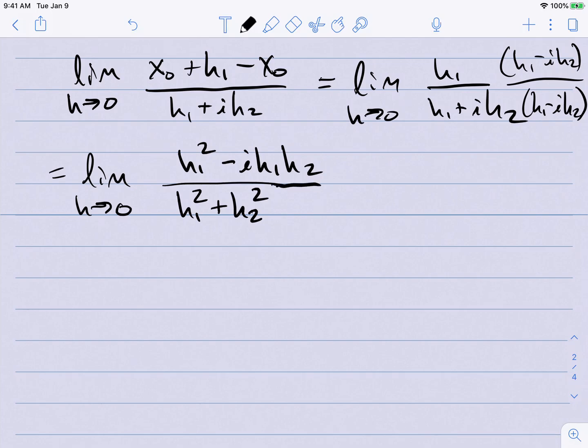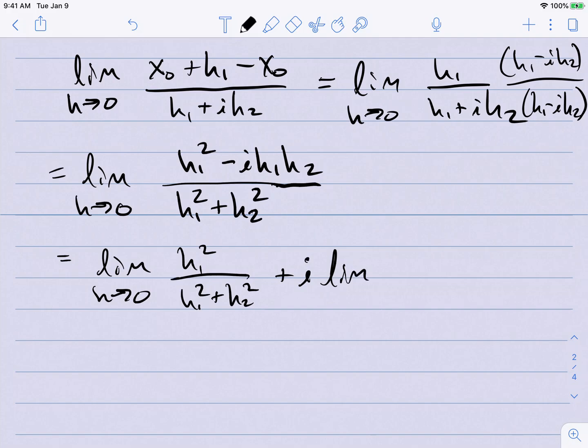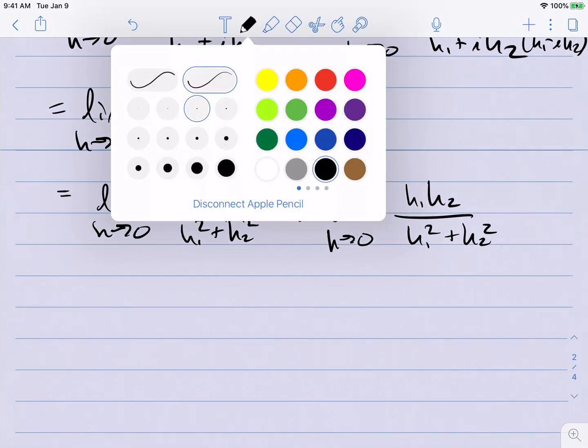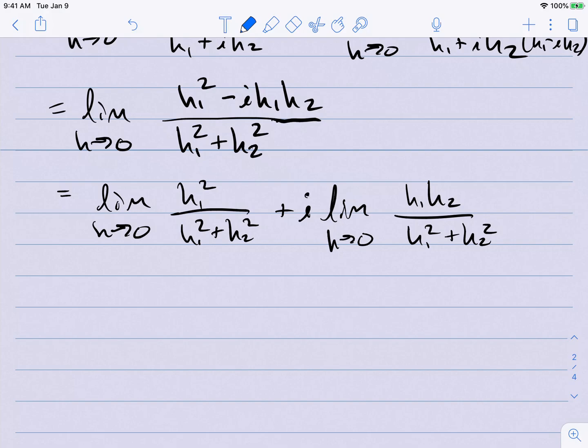Okay, so I claim this limit doesn't exist. And again, it's because we can look at different paths as h approaches 0. So this is the limit, h goes to 0 of h1 squared over h1 squared plus h2 squared, plus i times the limit as h goes to 0 of h1 h2 over h1 squared plus h2 squared. Yeah, so I would just encourage you to look at different paths and convince yourself that the limit doesn't exist.